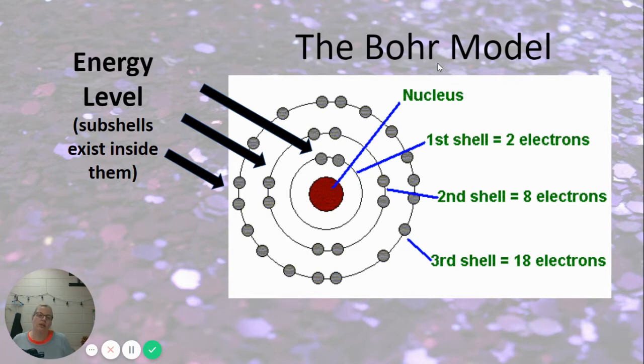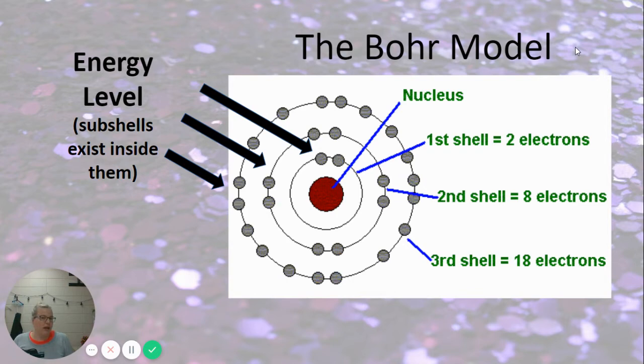So an energy level and a shell are essentially the same thing. Within the shell or energy level, there exist things called subshells. If you think about an energy level as the big area, a subshell further divides that big area into other places where electrons can hang out.